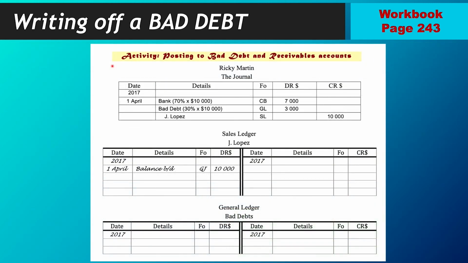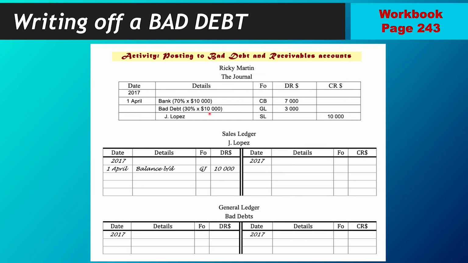So in your books now, we have Ricky Martin, and yes, J. Lopez is Jennifer Lopez. So we have those two. Ricky Martin is the name of the business, and J. Lopez is our receivable. And what we did is we gave you the journals. And what does this show? It shows that we received $7,000 from J. Lopez.